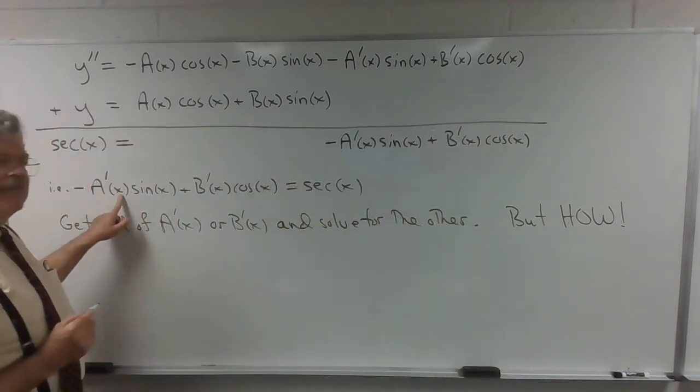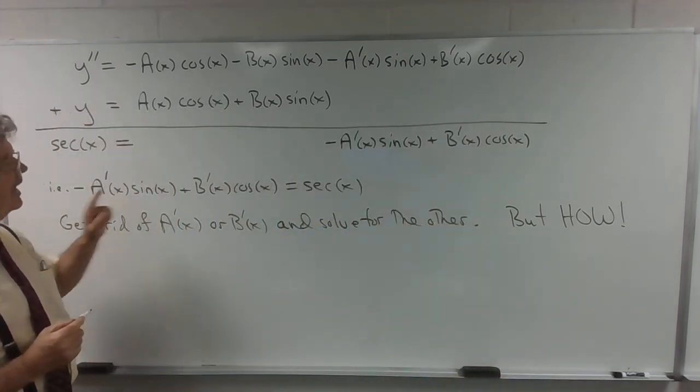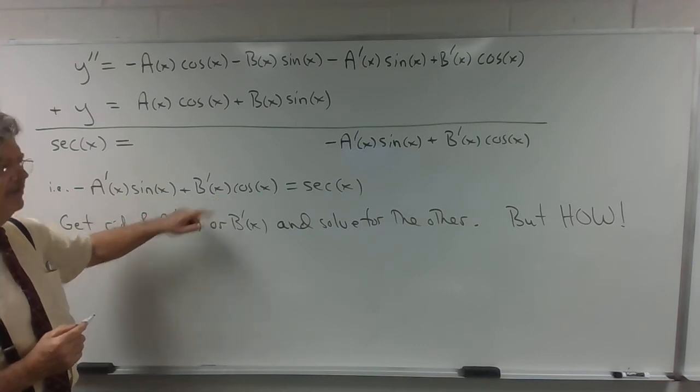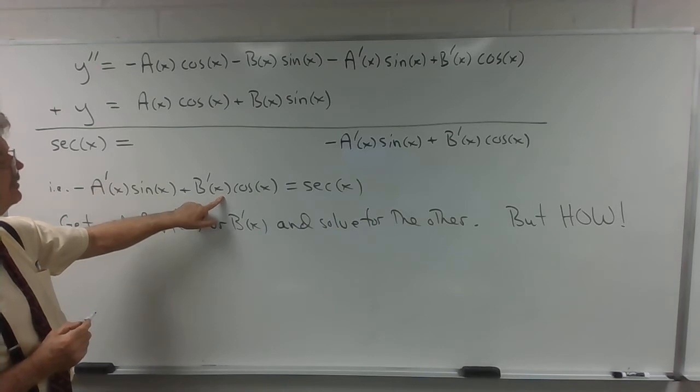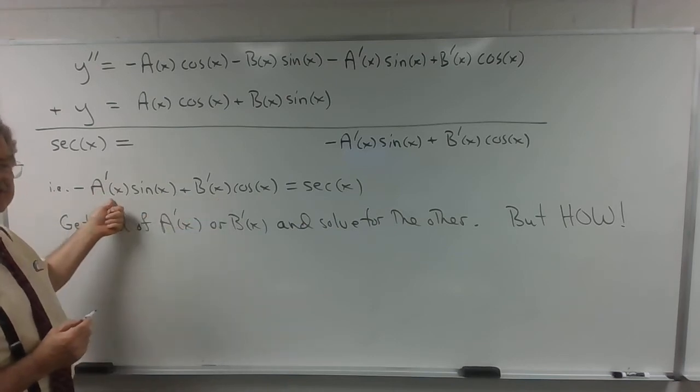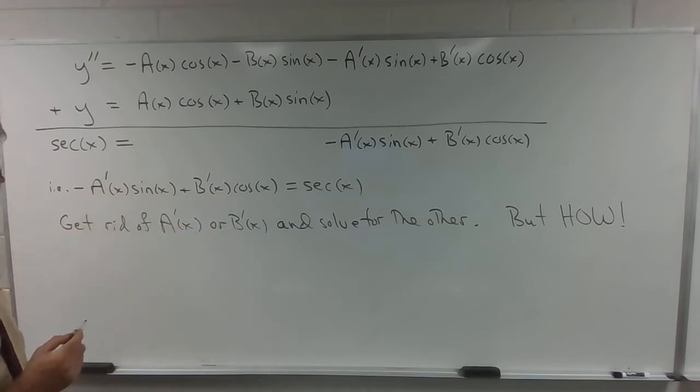If I can get rid of a prime of x here, I can solve this equation for b of x. Or if I get rid of b prime of x here, I can solve the equation for a of x. But how am I going to get rid of one of these functions?